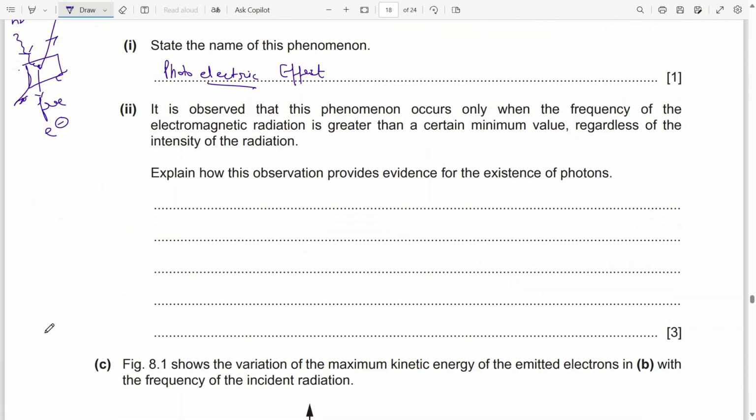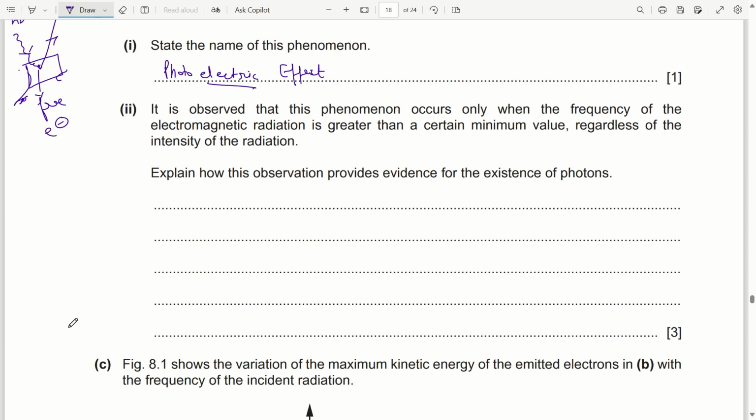Second question. It is observed that this phenomenon occurs only when the frequency of the electromagnetic radiation is greater than a certain minimum value, regardless of the intensity of the radiation. Explain how this observation provides evidence for the existence of photons.